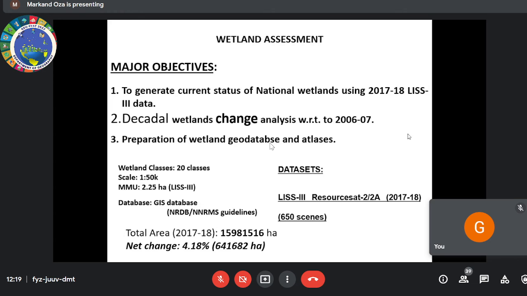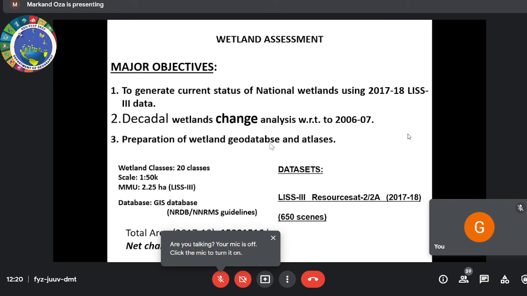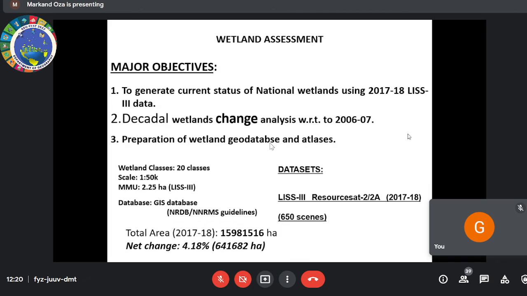Now, another important factor for interpretation is spatial resolution as well as minimum mapping unit. This was done using LISS-3 data. Now, the exercise is on using LISS-4 data, much finer spatial resolution. This will tell what is the decadal change in water bodies.